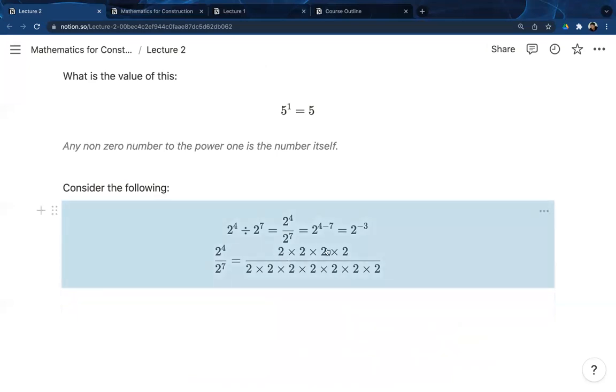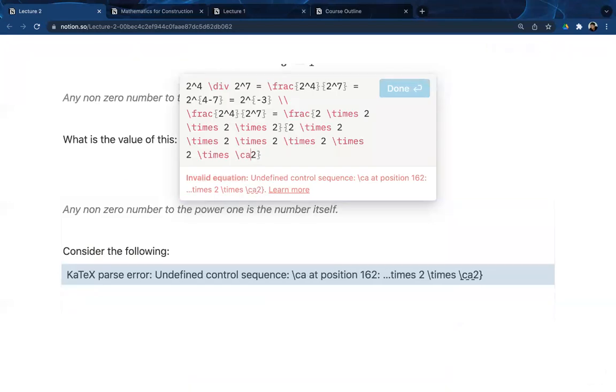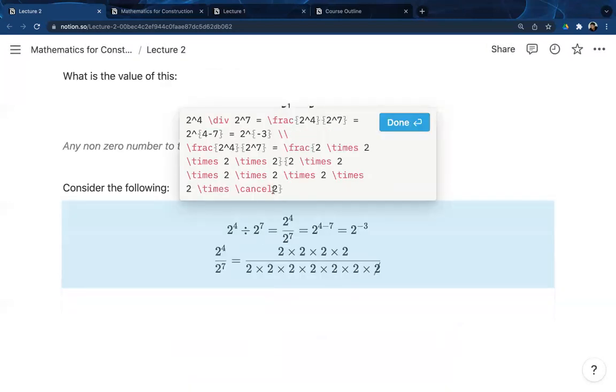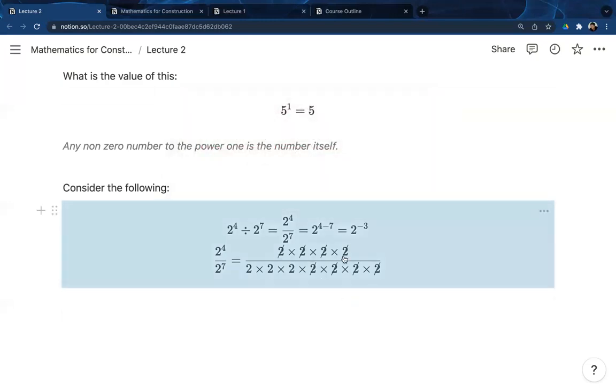So all the 2's in the numerator cancel with 2's in the denominator. So this is what I end up with. These 4 2's above cancel with these 4 2's below.